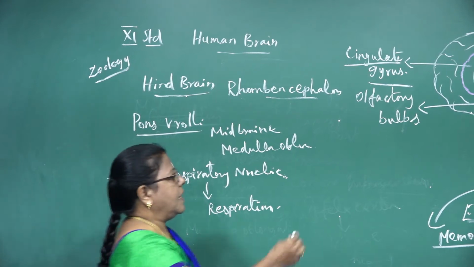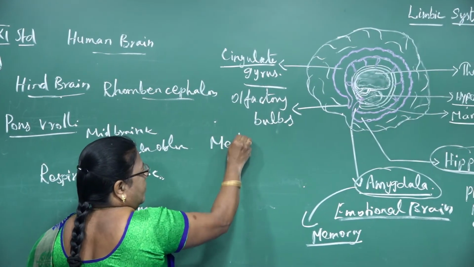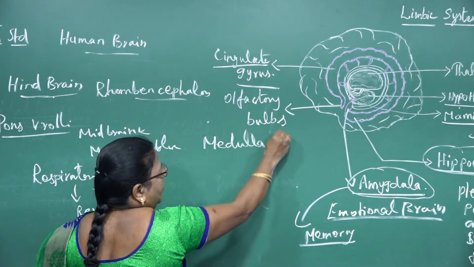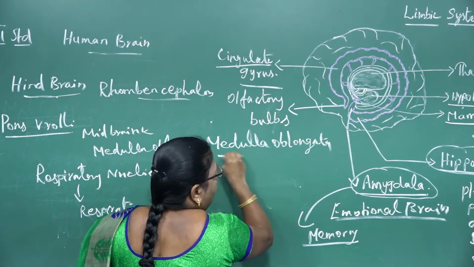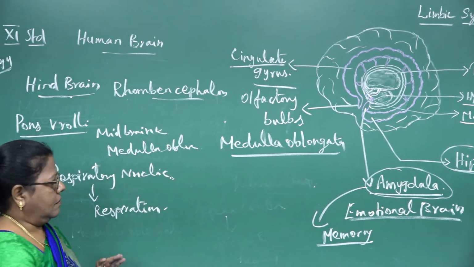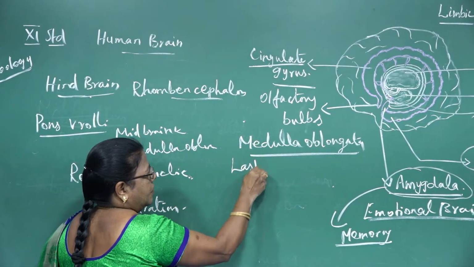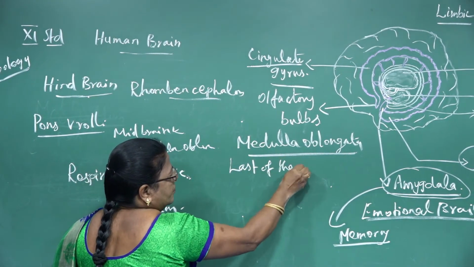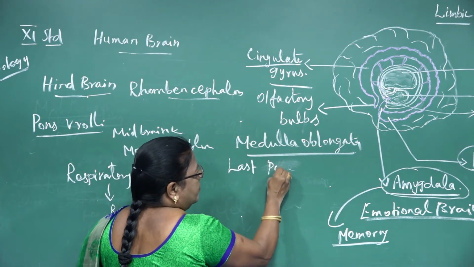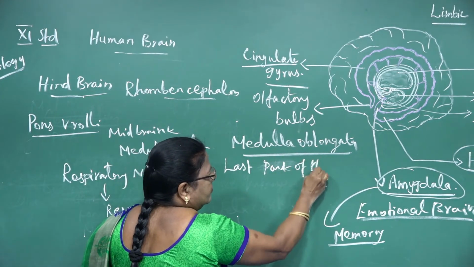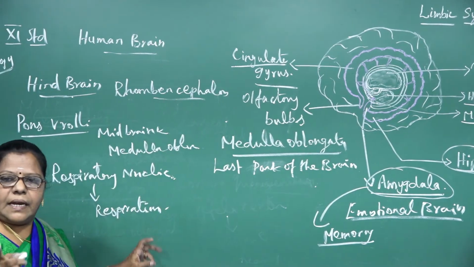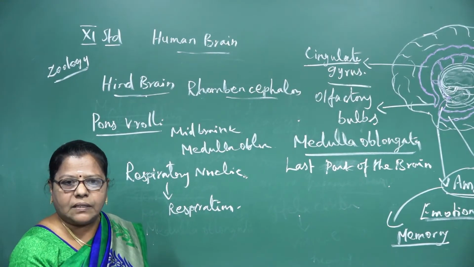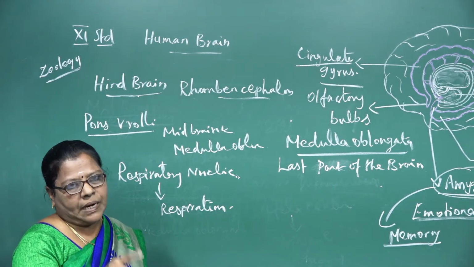Next one, medulla oblongata. It is the last part of the brain. This medulla oblongata connects the spinal cord with the other portions of the brain.